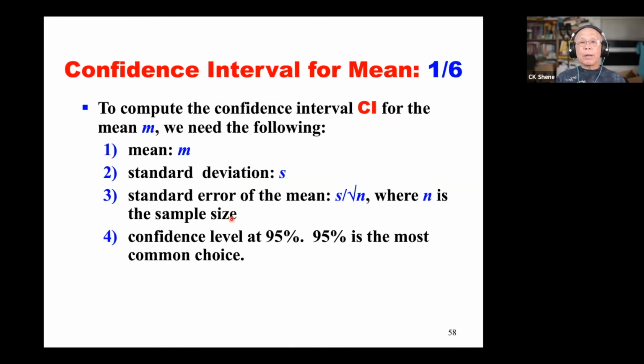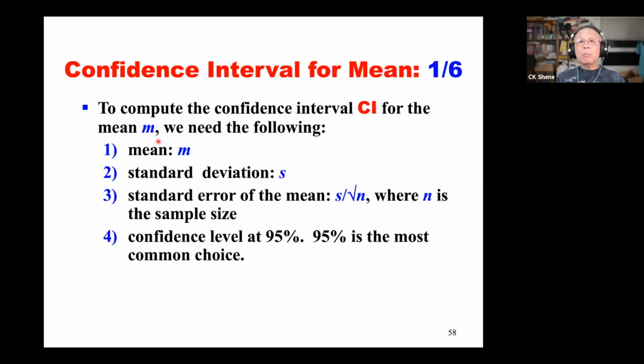How do we calculate the confidence interval for the mean? Usually, confidence interval is named CI in most literature. Of course, we need to find the CI for the mean.